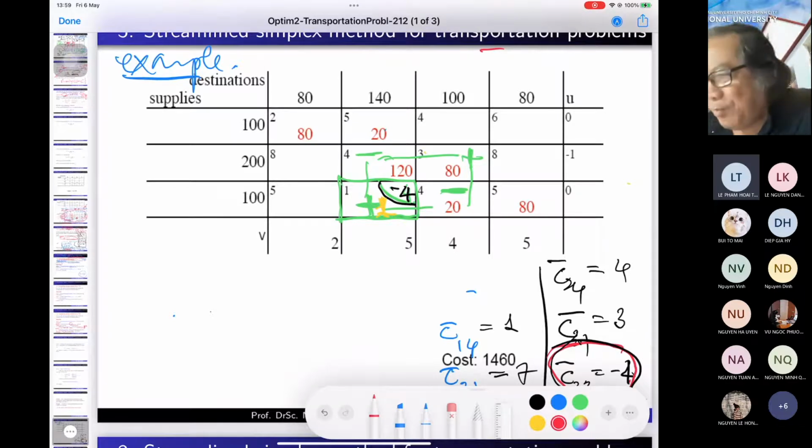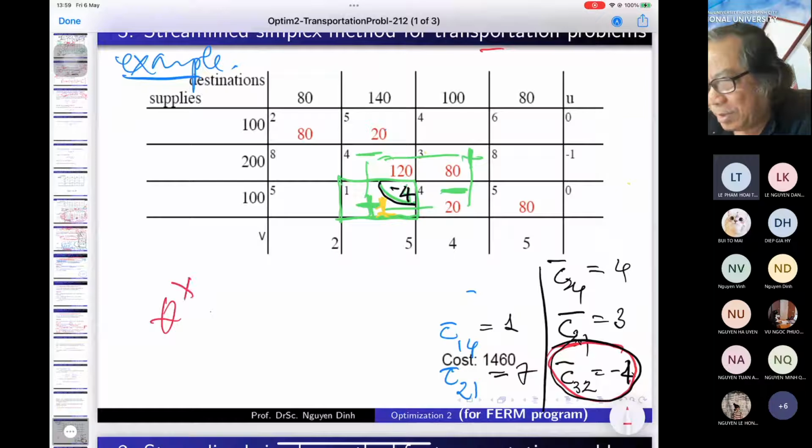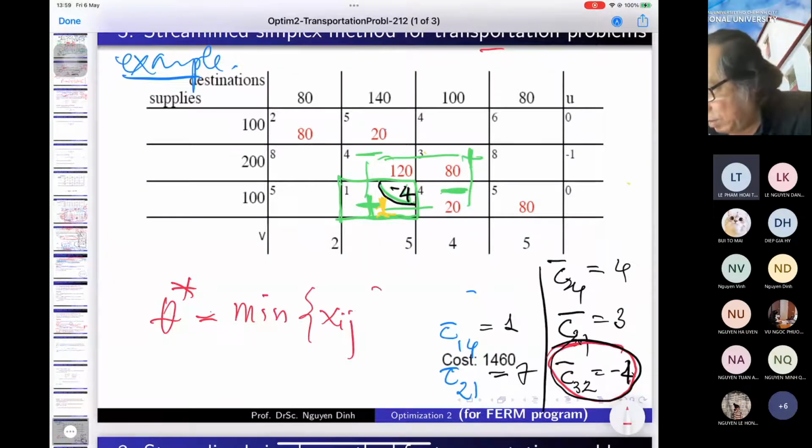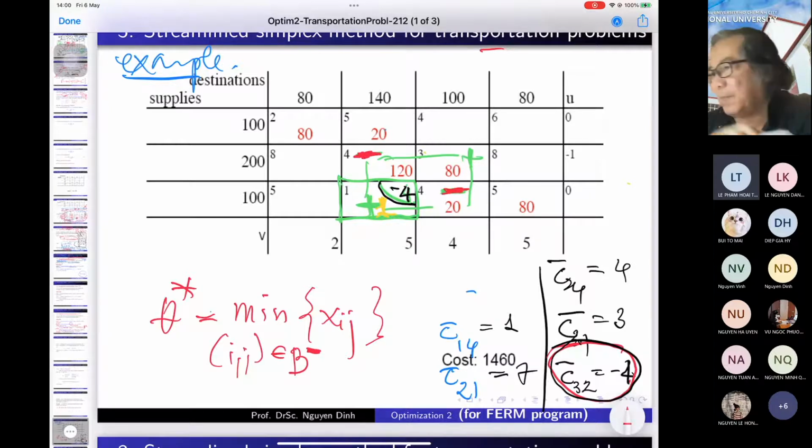We can only move the amount theta star. Theta star is equal to the minimum of xij with ij belonging to B minus. B minus means the xij with the minus sign here. See?